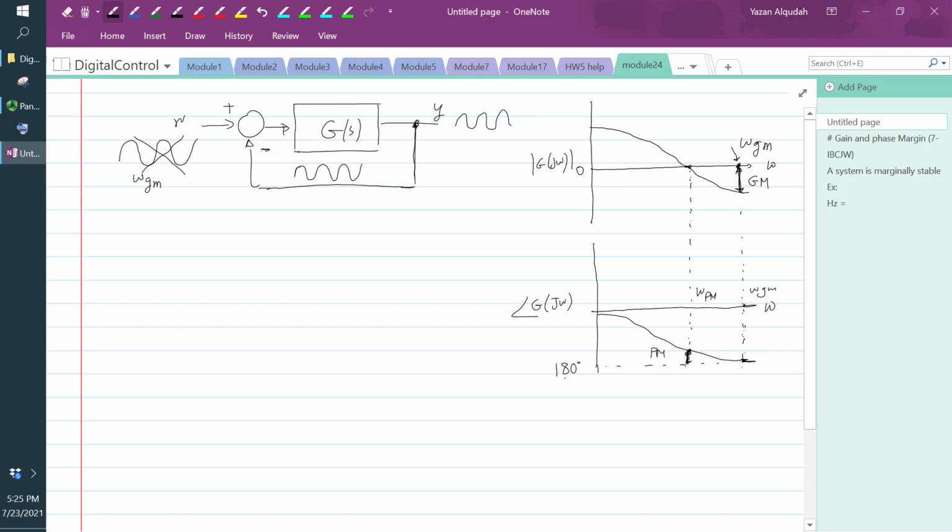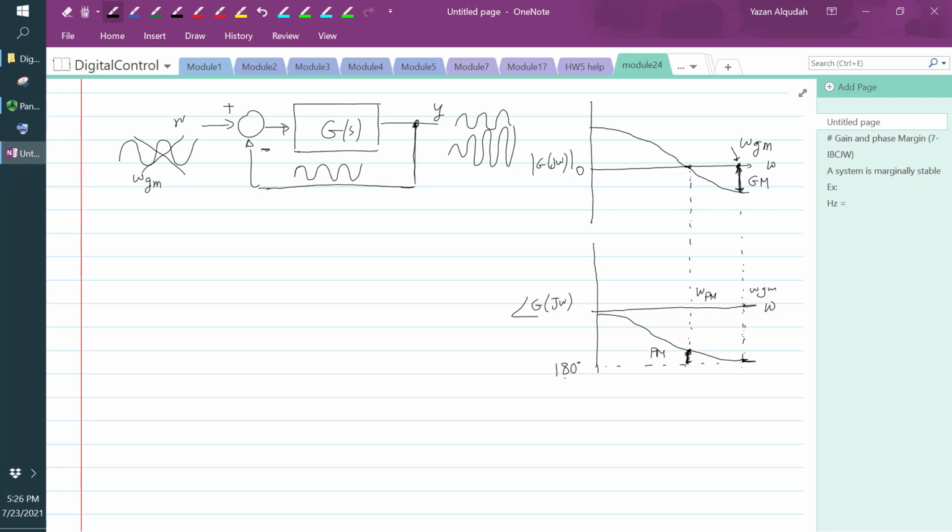Now the third case, if the gain of the system is greater than 1, then this signal, when it goes to G of S, is going to get amplified, and it keeps getting amplified, and therefore I'm going to get an output that grows with time, and therefore the system is unstable.